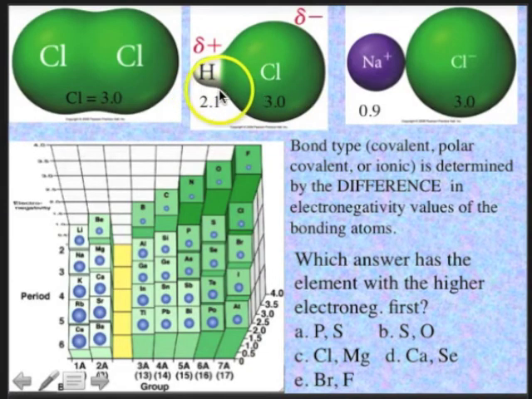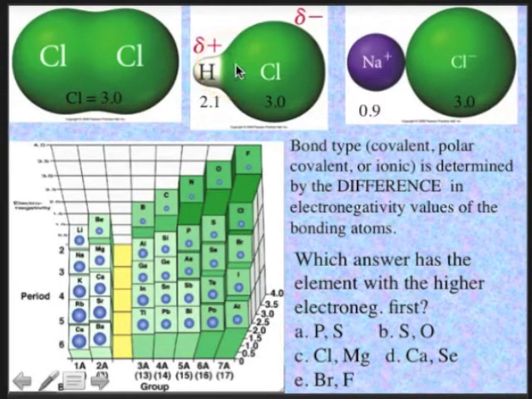Hydrogen is 2.1, which means that in this bond, chlorine attracts these bonding electrons more than does the hydrogen. And because the electron density around the chlorine is greater than around the hydrogen, chlorine has a partial negative charge. You'll see this little squiggle a lot. It's a lowercase Greek letter delta, meaning partial. Partially negative charge on the chlorine, partially positive charge on the hydrogen.